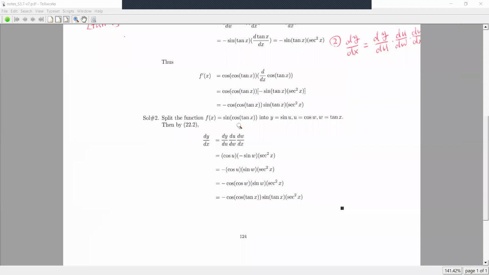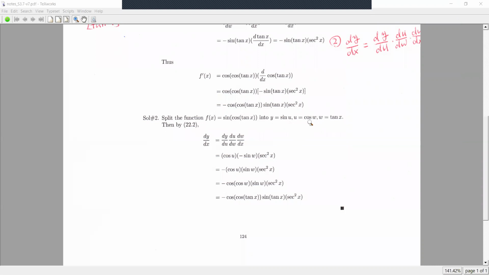Now, by the chain rule with multiple intermediate variables, the derivative of this function is equal to the product of the derivatives of all these three functions. The derivative of sine of u is cosine of u.